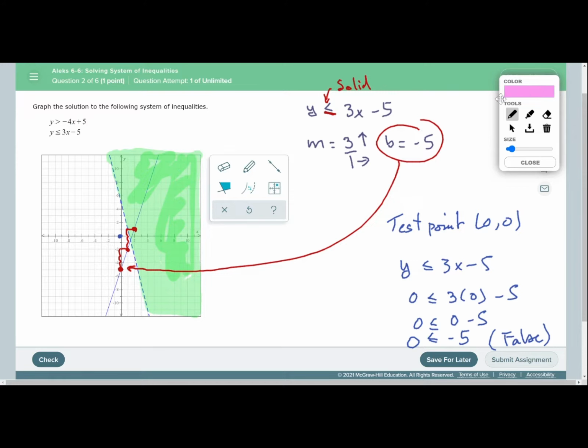Okay, so you know what? Let's see. I don't know how to mix color. Okay, let's say I use this. So I'm going to shade everything on this side. Let's say I pick something darker, hopefully. Yeah, they're kind of similar.